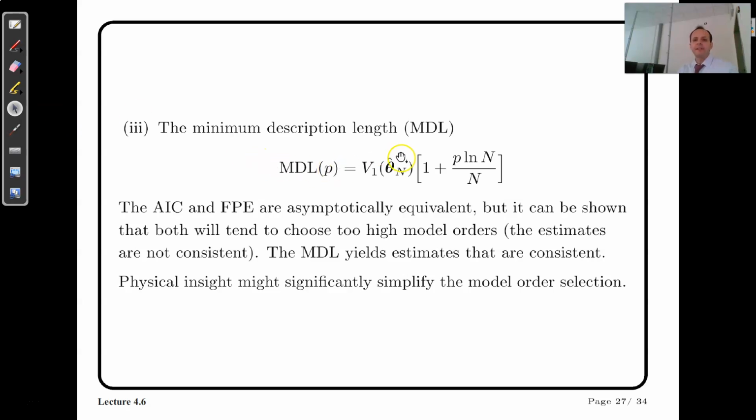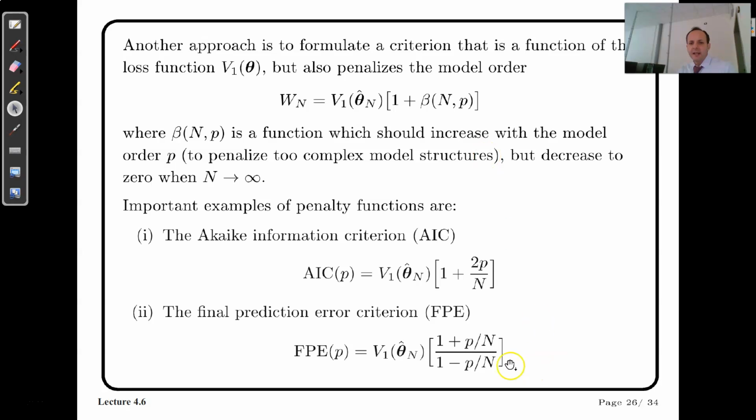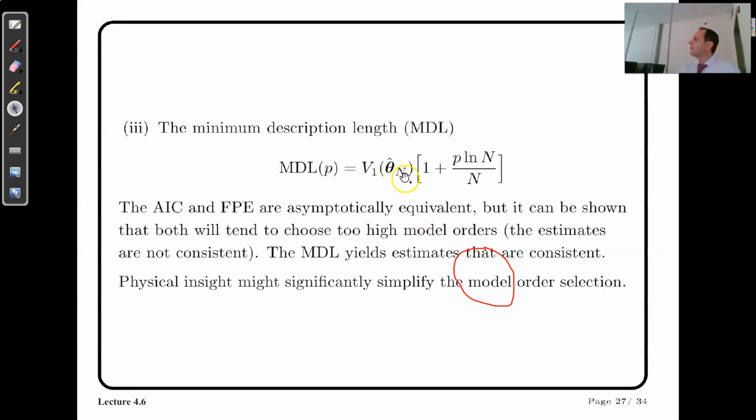The third penalty function is, as you can notice, quite close to the Akaike information criterion, because it is V1 multiplied by 1 plus something, but instead of the 2 of the Akaike information criterion, it has the logarithm of N. Normally when N is bigger than 100, and if you remember how to compute the logarithm, this quantity is bigger than 2.